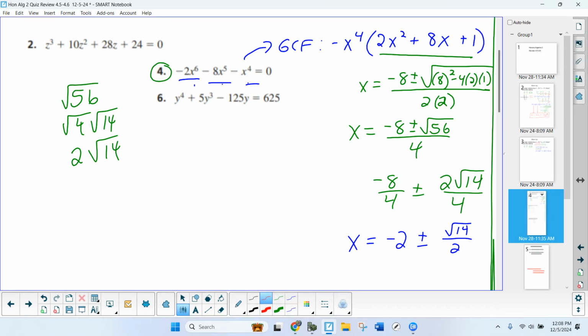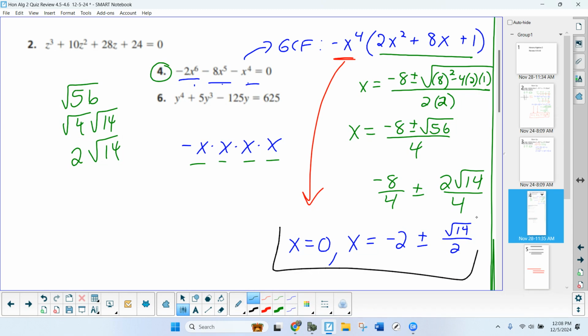Now, what does this give me? When I set that equal to 0, what do I get? 0. How many times did you get 0? Well, you have a negative x times x times x times x. So how many zeros did you have? 4. So this is your answer.